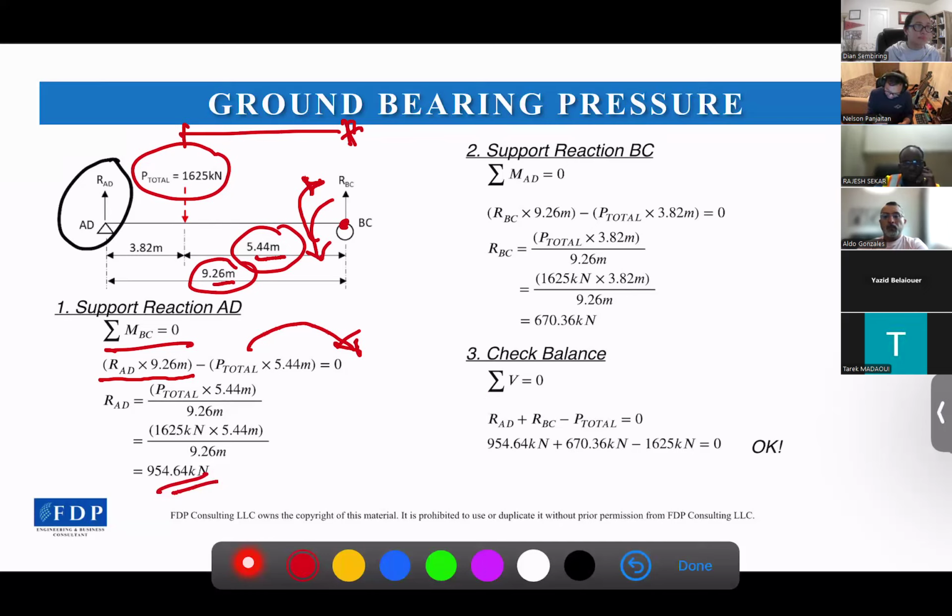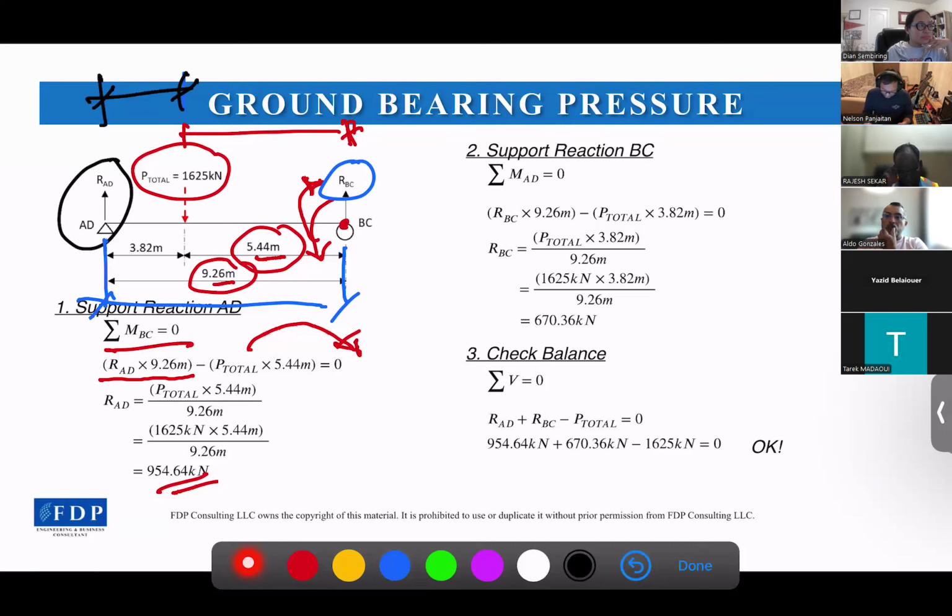It will be RBC times 9.26, the distance to the AD, minus P total times 3.82 meters, the distance from the P total to AD here.